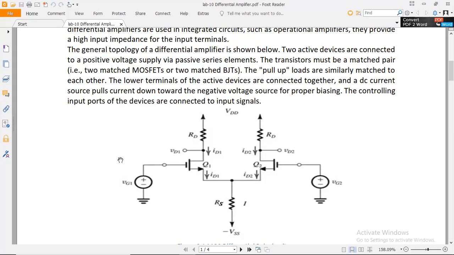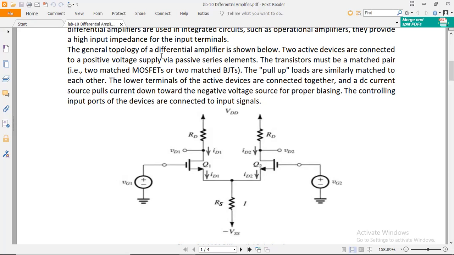That's the reason the op-amp has high impedance at the input side and low impedance at the output side, for compatibility: a high impedance input connects to the source, and the load connects to the op-amp output. So these are the two reasons why the op-amp impedance is high at the input and low at the output respectively.